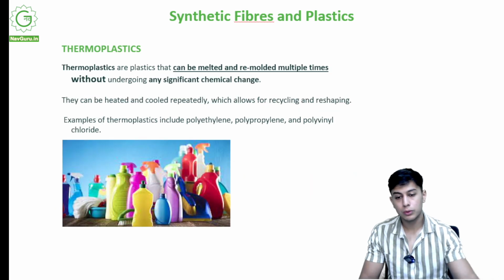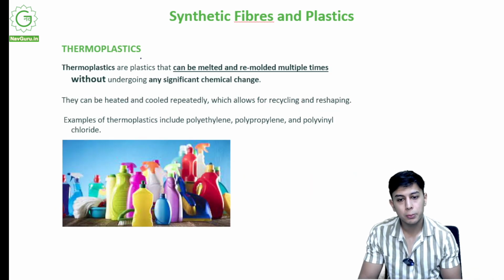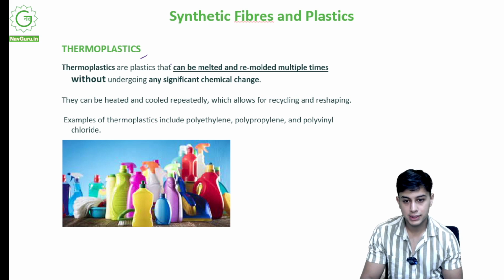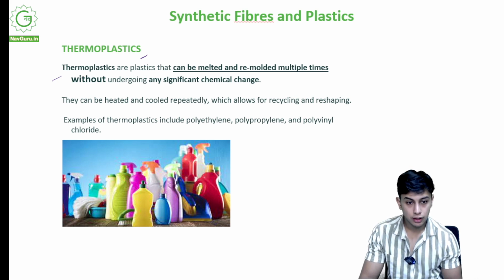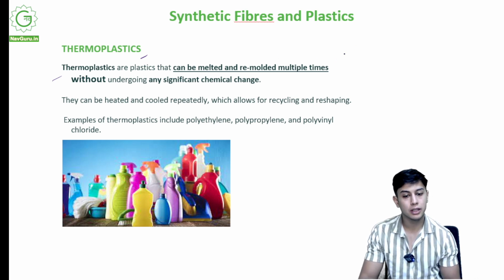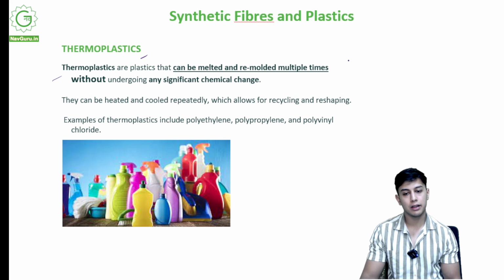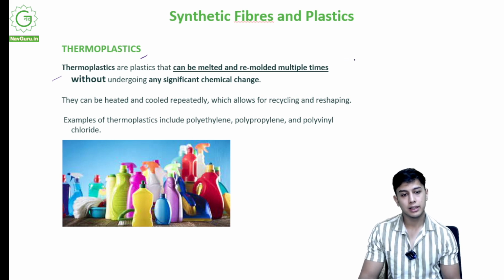Now we come to thermoplastics. There are two types of plastics, thermosetting and thermoplastic. Thermoplastics are plastics that can be melted or remolded multiple times. Have you ever played with clay? It can be made into a lot of shapes.